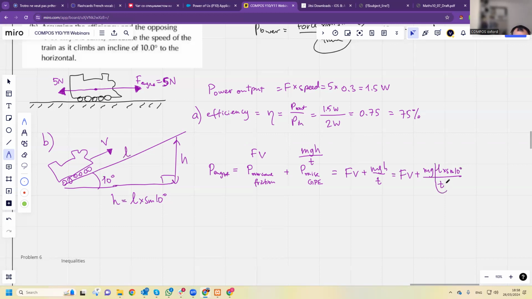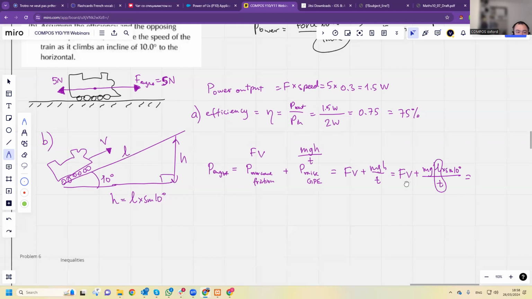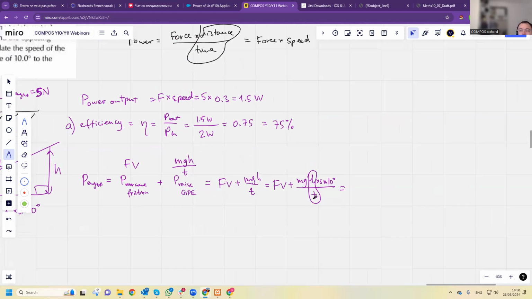What is L over t? Speed, of course. So it's mgv sine 10. Okay, and from here, we can take v out of the brackets: v, F plus mg sine 10.